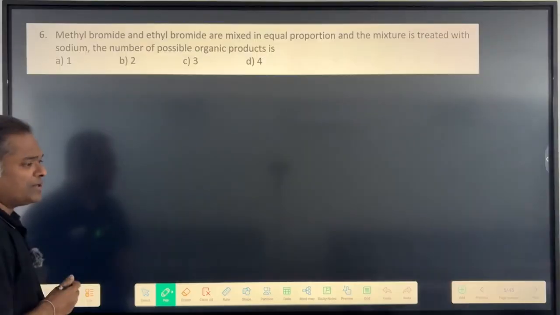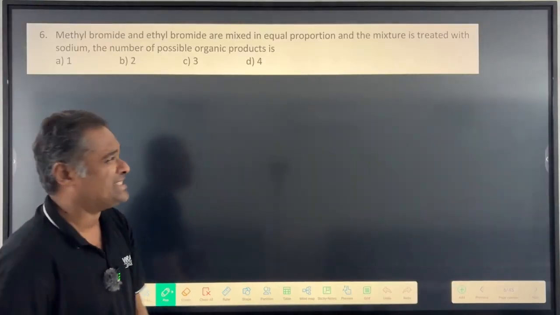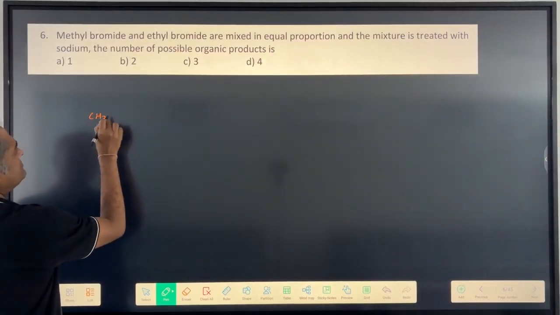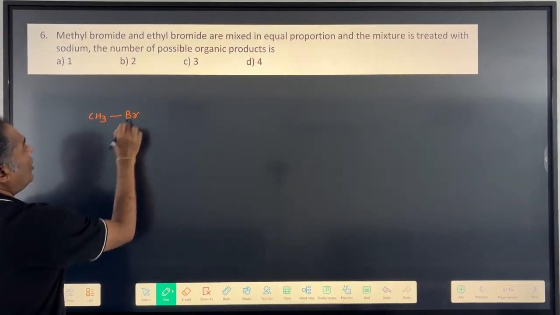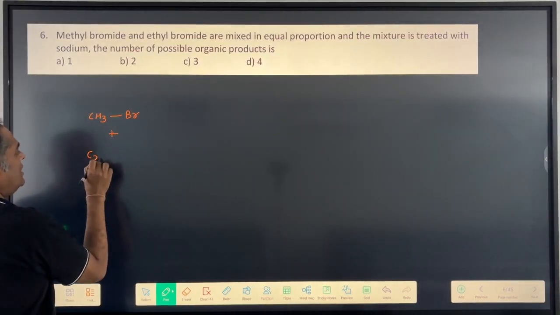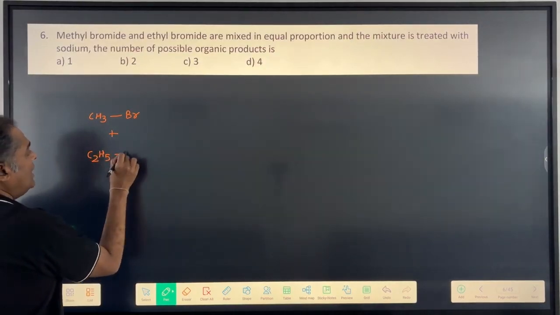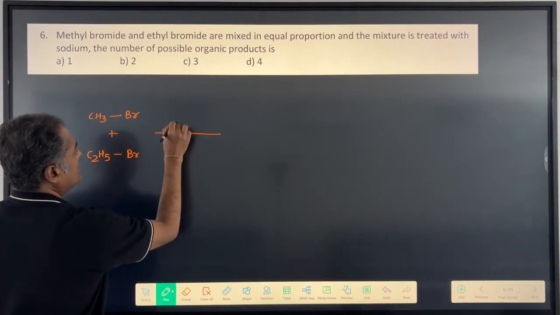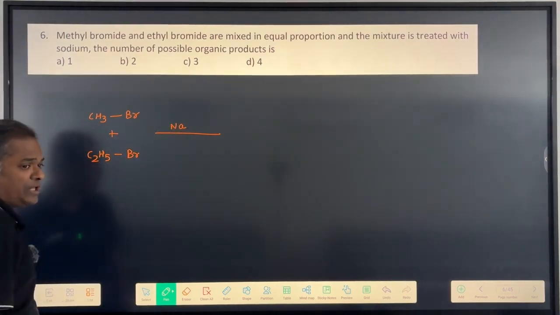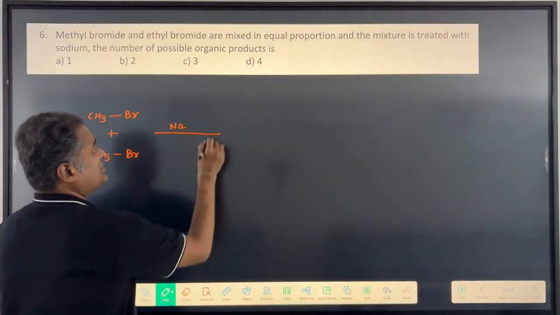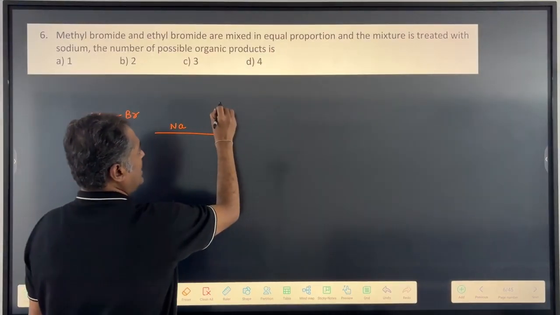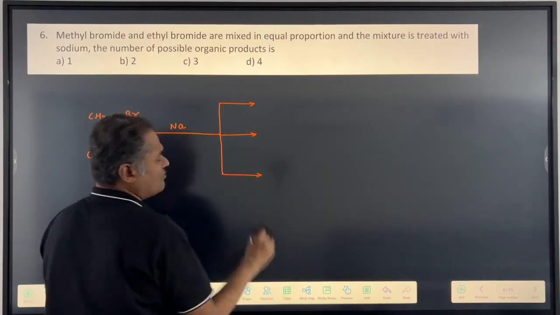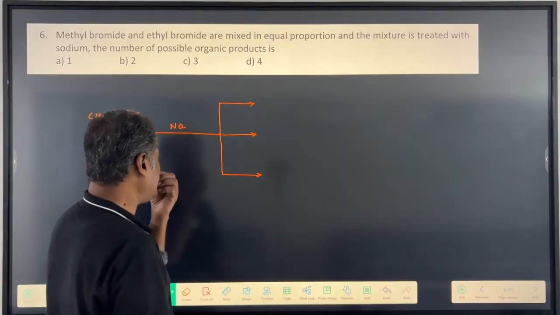Now, child, if you remember, this reaction is nothing but the Wurtz reaction, where we take methyl bromide along with ethyl bromide and treat it with sodium metal. Obviously, child, we know that there are 3 possible products. And what are these? 2 products would be self-coupling products and 1 product would be a cross-coupling product. So, let us see.